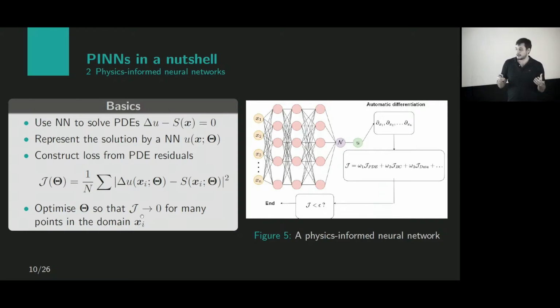You take these points, you evaluate the function, and then you apply the derivatives that you need to construct your equation. And what you want to make sure is that you satisfy the equation for any point. So you don't need to have a specific number of points where you know the solution and compare the prediction. You just want your equation to be satisfied at any point.